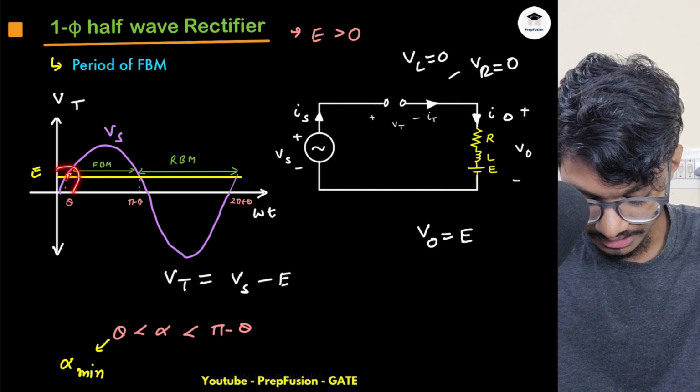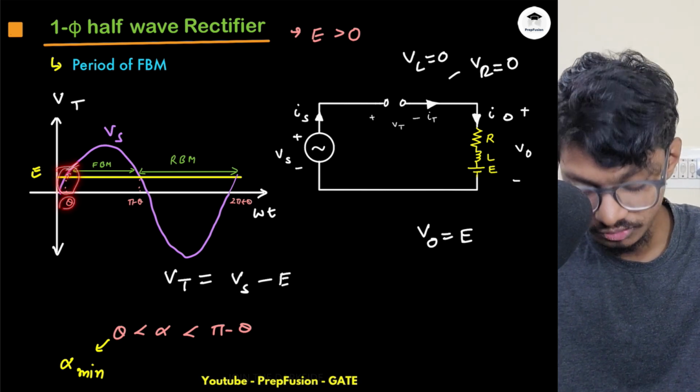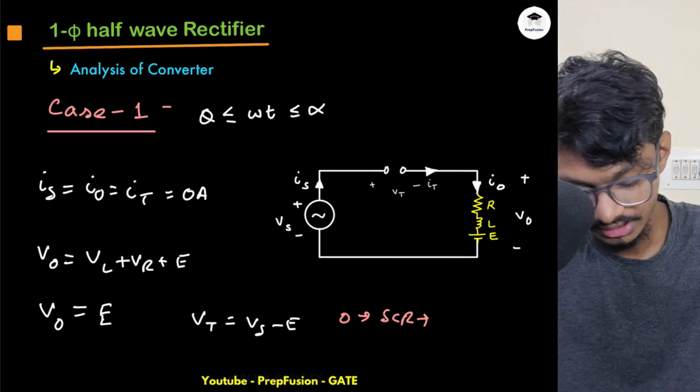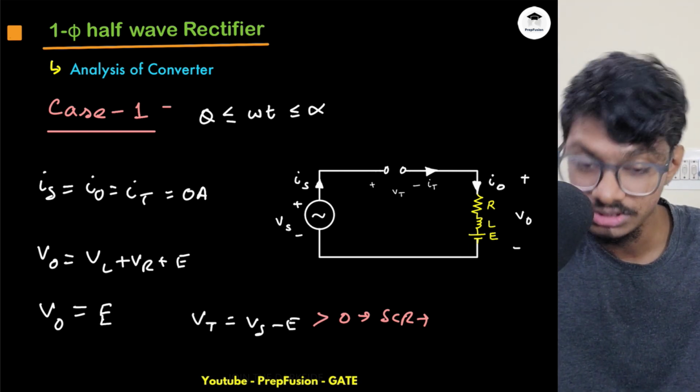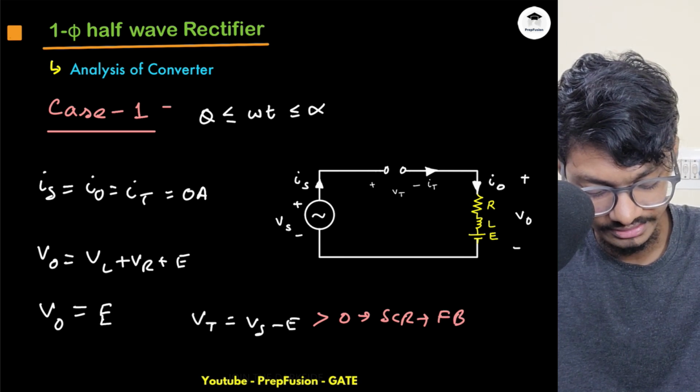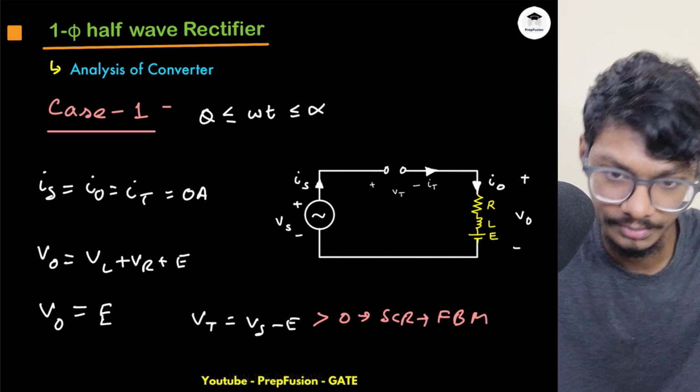I'm starting from this theta, so obviously VS will be higher than E. I haven't triggered the SCR, but SCR will be in forward blocking mode because the thyristor voltage is positive. So SCR will be in forward blocking mode.